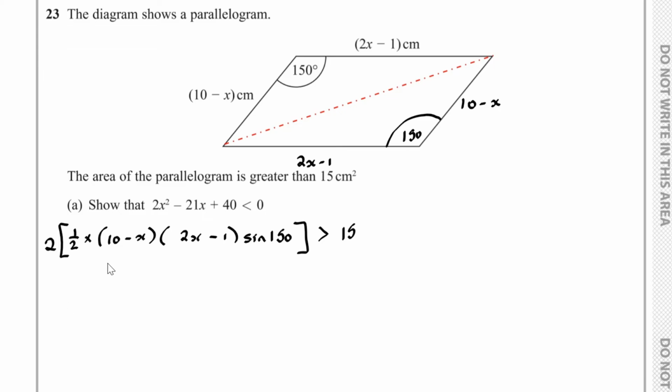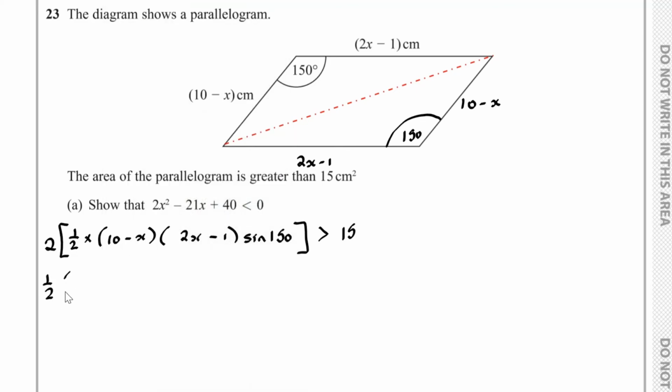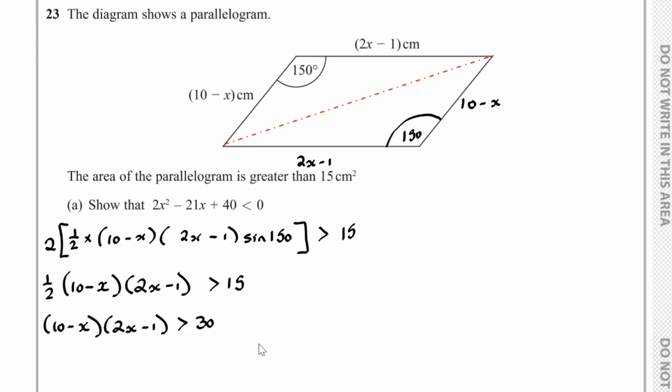So if we deal with the two lots of 1/2 sine 150, 2 times 0.5 times sine 150, that's equal to a half. So here we've got 1/2 lots of 10 minus x, lots of 2x minus 1 being greater than 15. So here we've got 10 minus x, lots of 2x minus 1 being greater than 30.